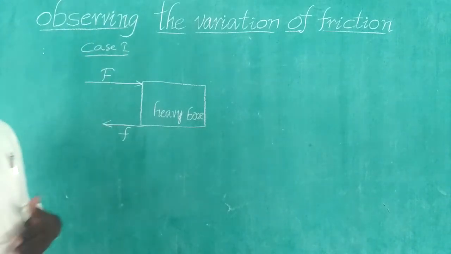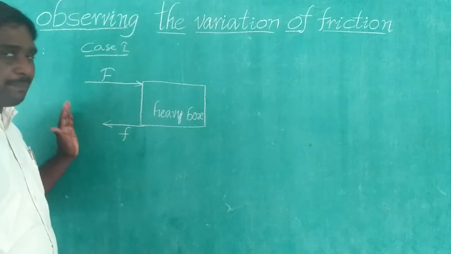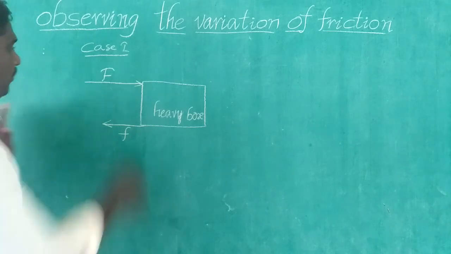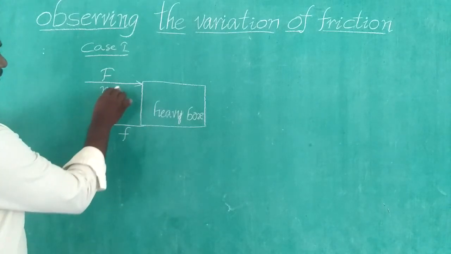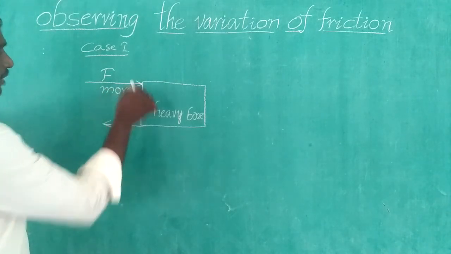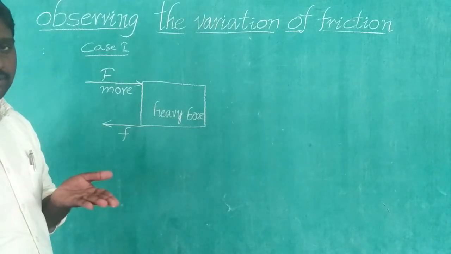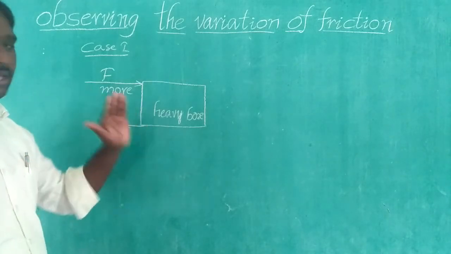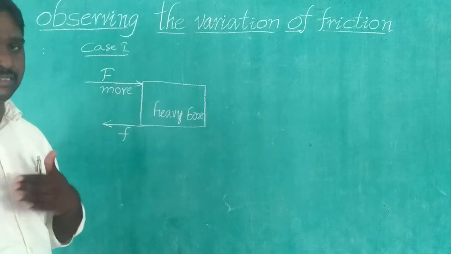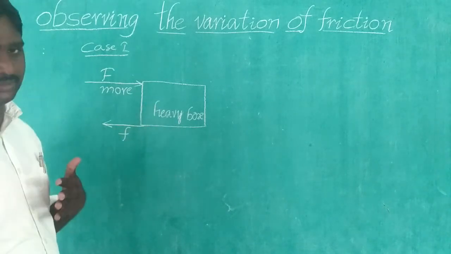Okay, next one. In the second case, we apply more force on the heavy box. That is, we gradually increase the applied force on the heavy box and push it. What happens?